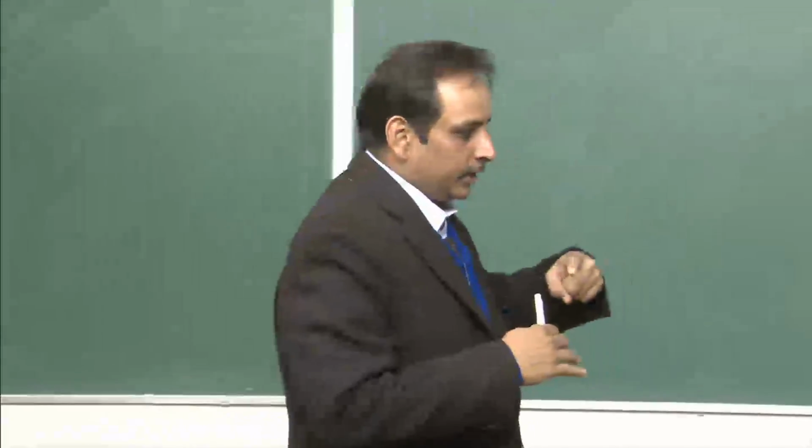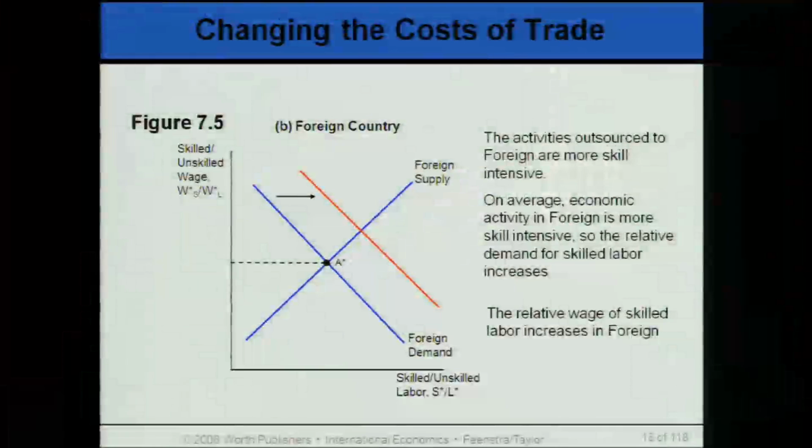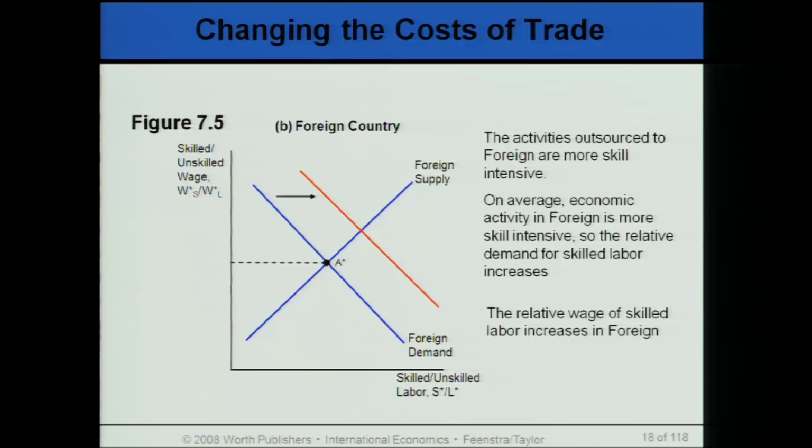So, one reason that you see the gap between the wages of the skilled and unskilled labor increasing is because of trade in intermediate products or outsourcing. There are other reasons. I am not claiming that this may be the only reason that outsourcing leads to an increase in the gap between skilled and unskilled labor.